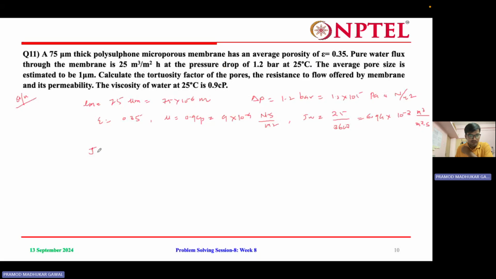So here is the formula, Jw equal to epsilon dp squared by 32 mu, this is the tortuosity factor, tau, into delta P divided by membrane thickness. So here you have to calculate this quantity. First, the tortuosity factor. So all the values are given, put them in this equation.